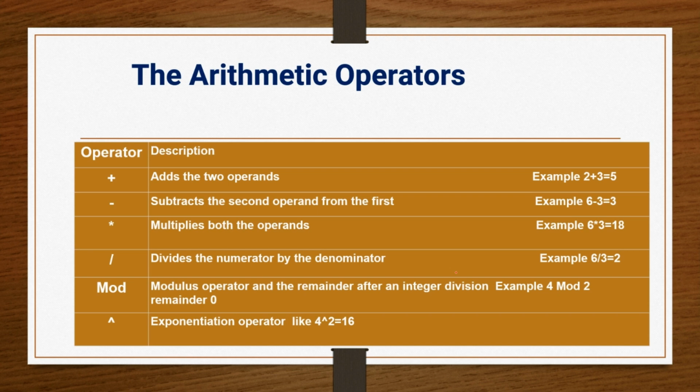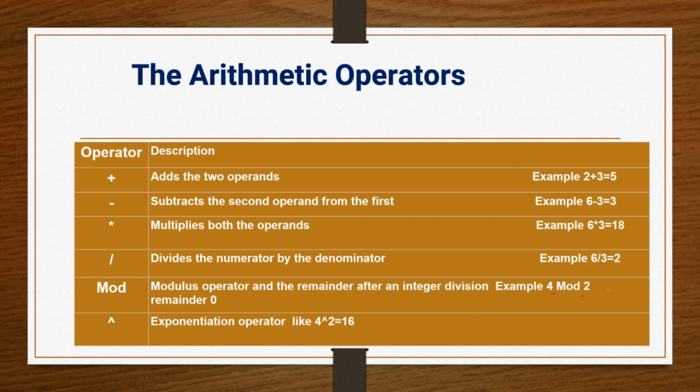What are arithmetic operators? Plus, minus, divide, multiply, mod, and exponential. Plus adds two operands. That means if you want to add a plus b, a and b both are operands. The modulus operator is used when you divide some values, like 2 mod 2.